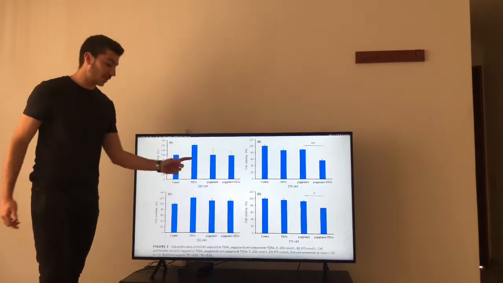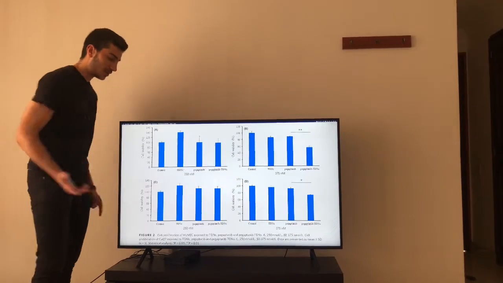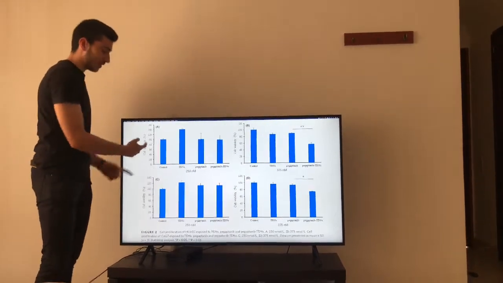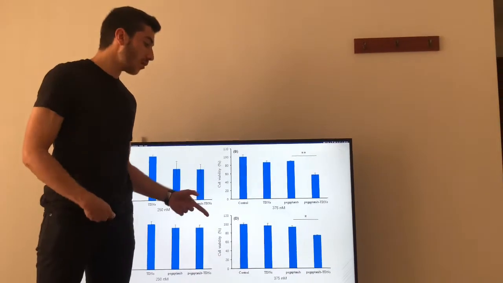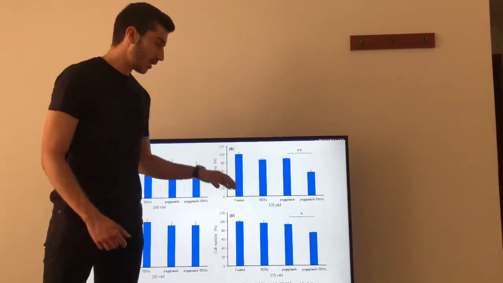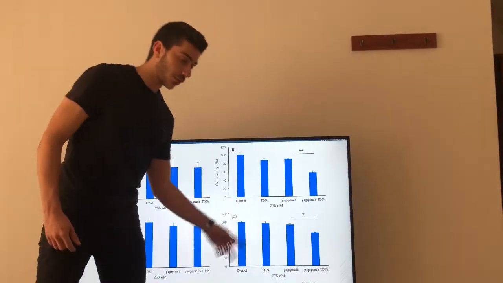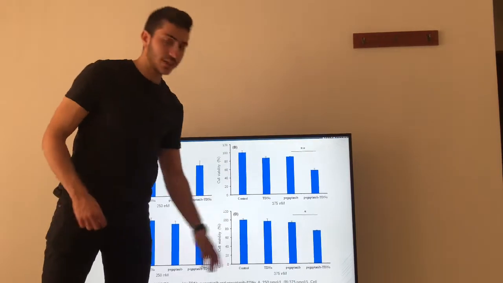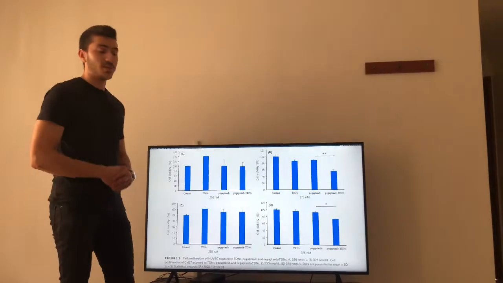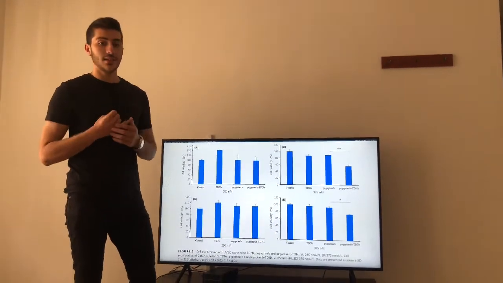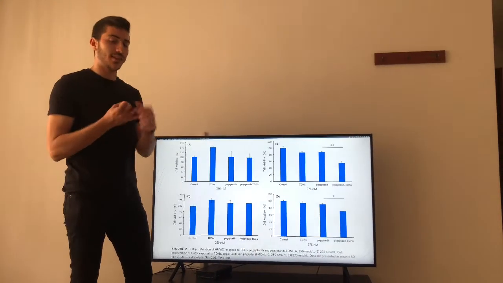What you can see is that at 250 nanomolar, neither pegaptanib nor pegaptanib-loaded TDNs work, which means that the cell viability stayed at 100%. Whereas at 375 nanomolar, pegaptanib didn't work by itself as the cell viability stayed at 100% in both cases, whereas pegaptanib-loaded TDN did decrease the cell viability to around 70 or 80%. This means that pegaptanib-loaded TDNs did decrease the blood vessels and the tumoral activity.